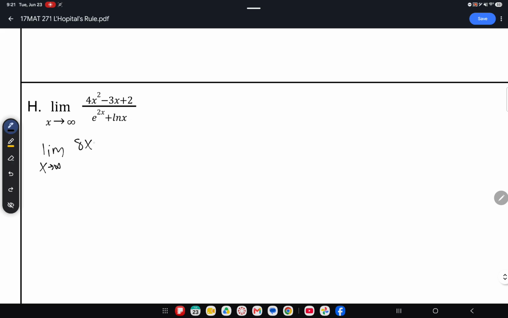So we'd have 8x minus 3, and then I'd have 2e to the 2x plus 1 over x. Then I could go again, right? So I'd have 8 over 4e to the 2x plus, actually be minus 1 over x squared.